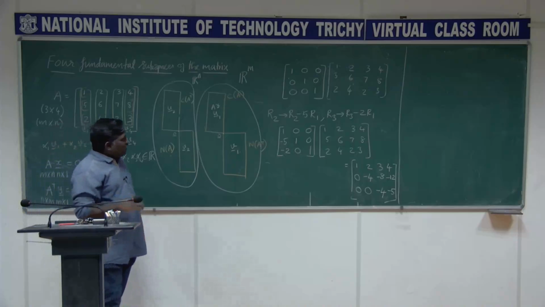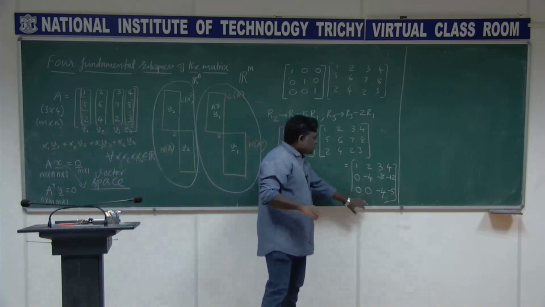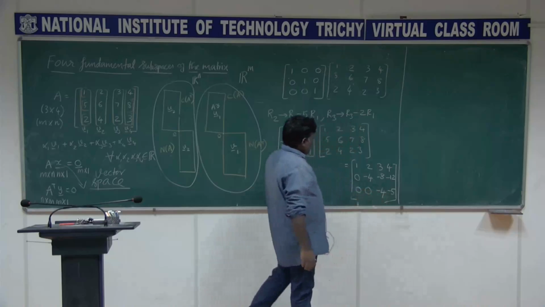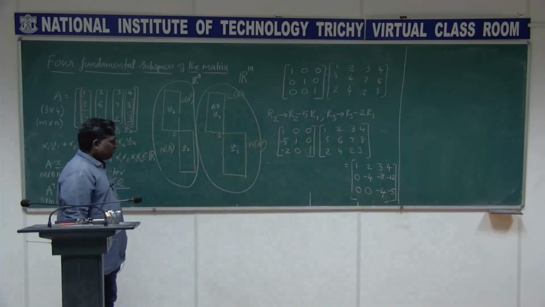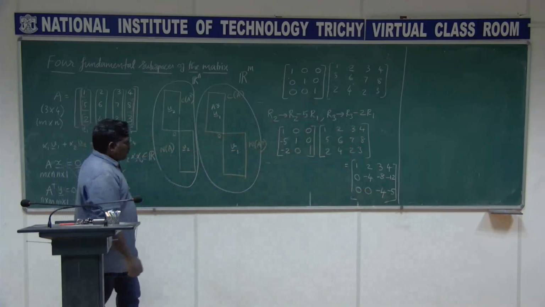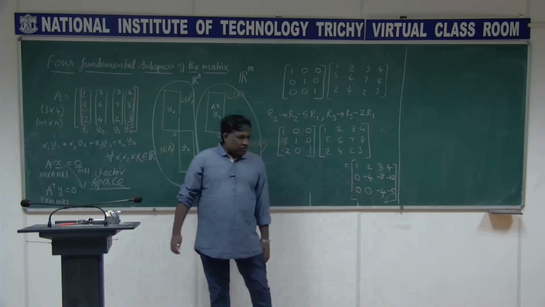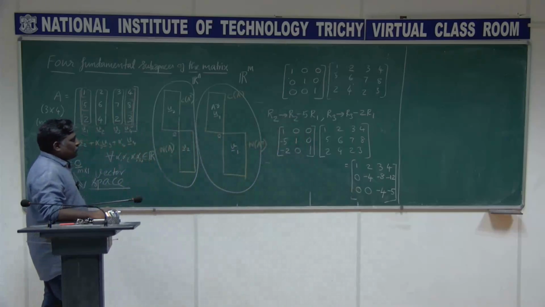So what I am trying to say here is, I have applied and you got this row reduced echelon form, but still I wanted to make this a 0, right? So again I do the same operation with this row, right? Yeah, but this itself is the row reduced echelon form, right?